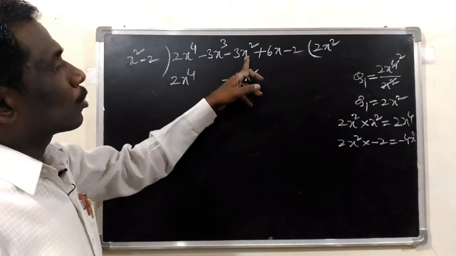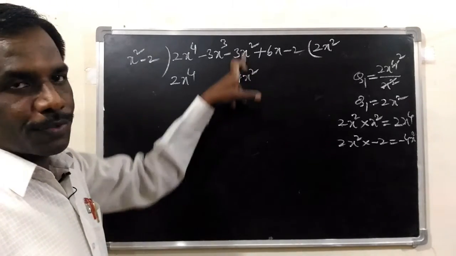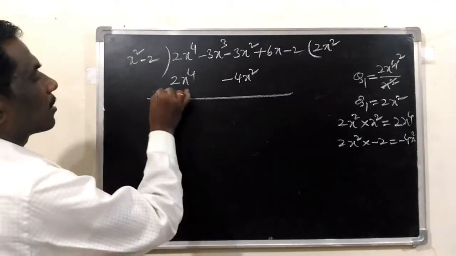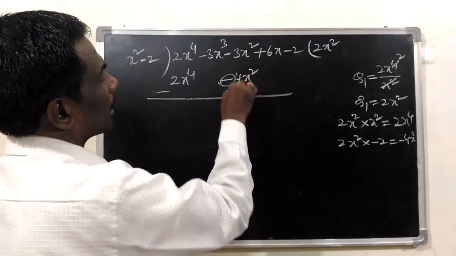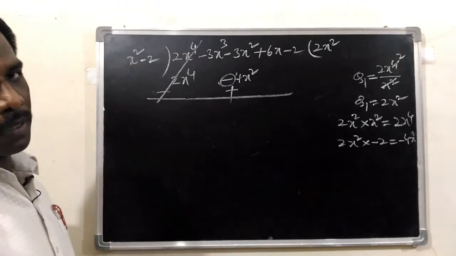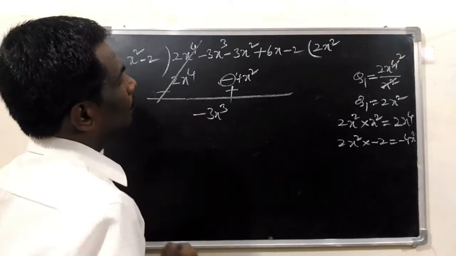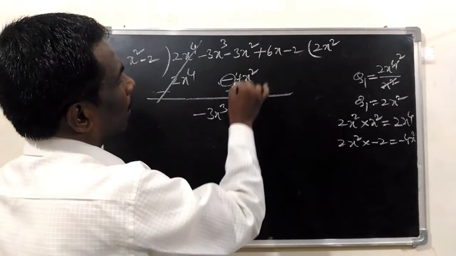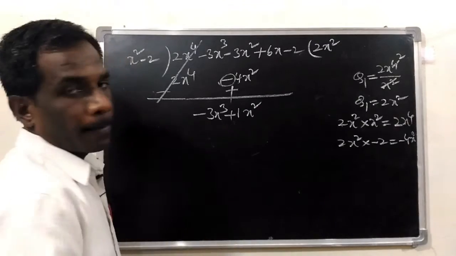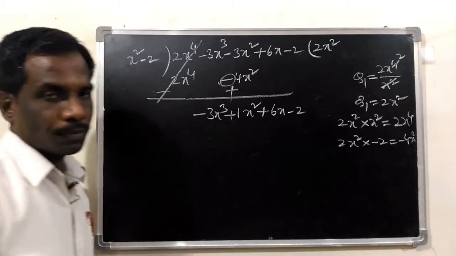Write the x square term down, because we write the similar terms. Now do minus. Here it is changed to plus. 2x power 4 minus 2x power 4 gets cancelled. What remains? Minus 3x cube, and minus 3x square plus 4x square is plus 1x square. And copy the remaining terms, plus 6x minus 2.